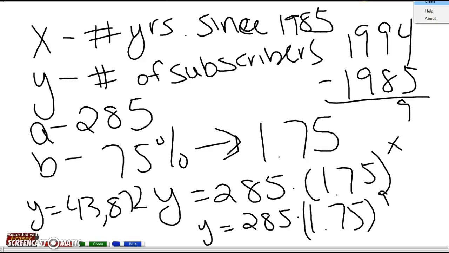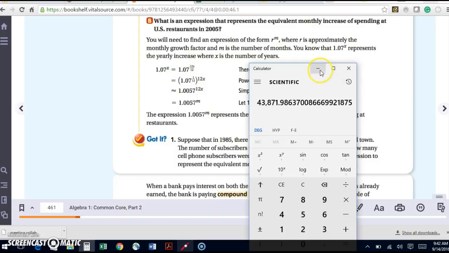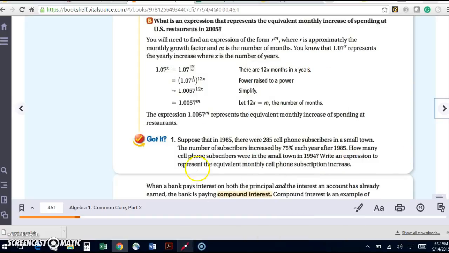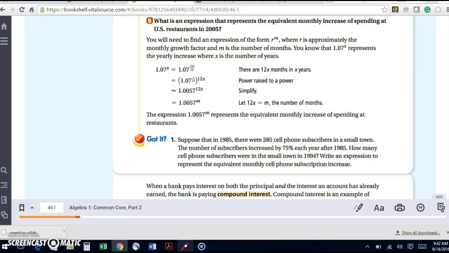Now I want to write an expression to represent the equivalent monthly cell phone subscription increase. So same concept. I know that I started off with 1.75 raised to the x, but this time, instead of for the year, I want it to be for the month.